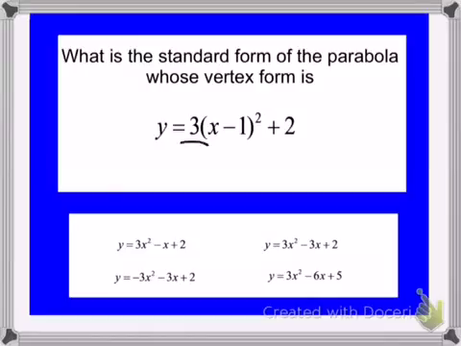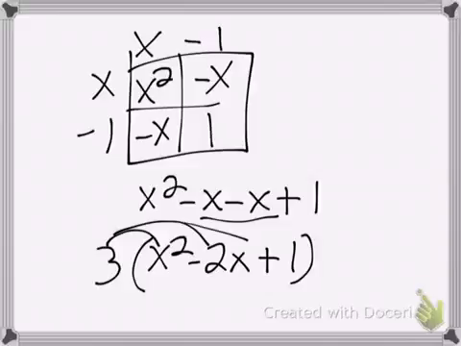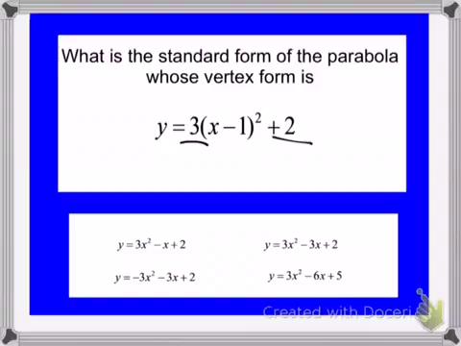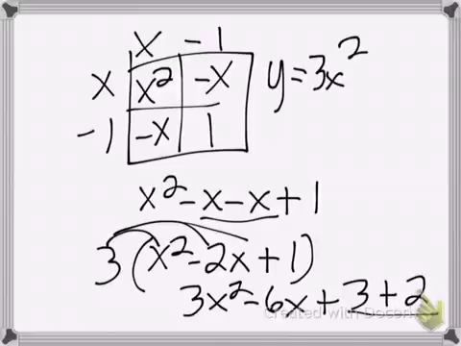Alright, and then we have a 3 outside, so we're going to distribute that 3. And we get 3x squared minus 6x plus 3. And then we have a plus 2, add 2. So we end up getting y equals, and we're going to combine those like terms, 3x squared minus 6x plus 5.